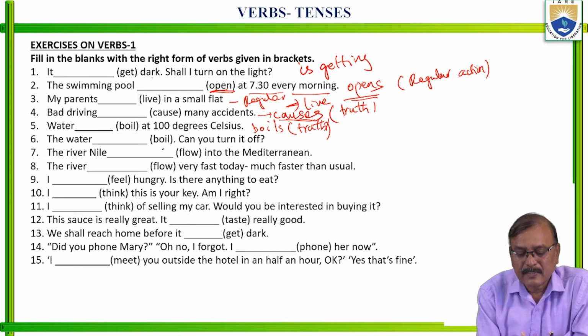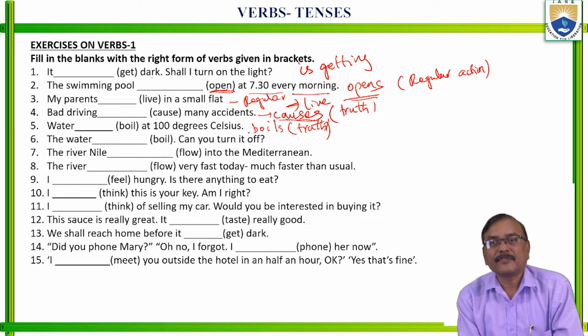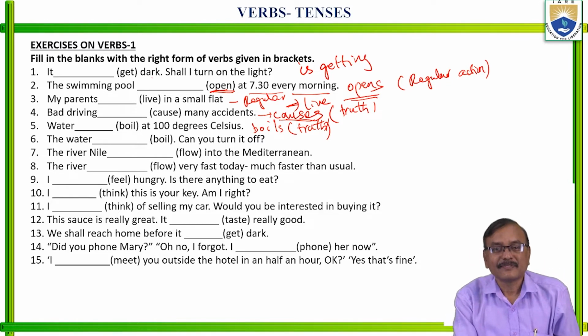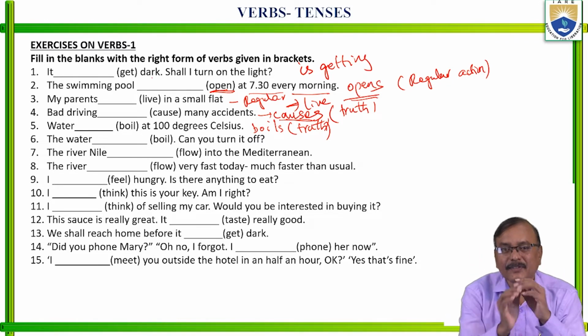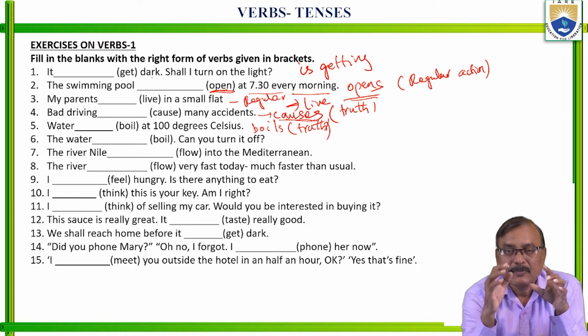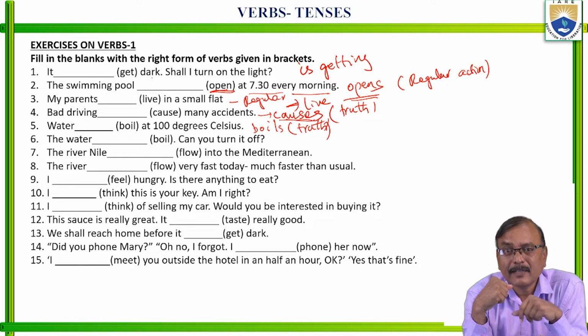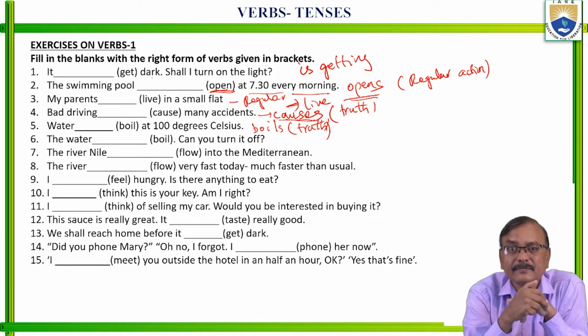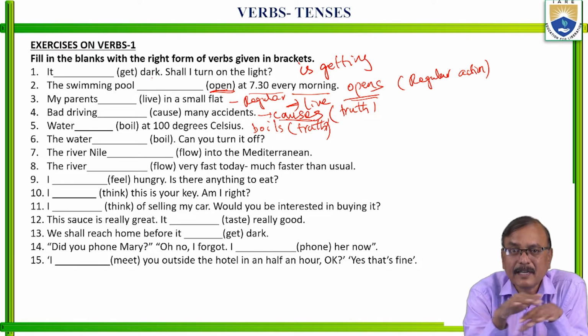Next. Sixth one. The water dash boil. Can you turn it off? So, when you see that, what is happening? Water is boiling, or already water boiled and stopped? Did the boiling action stop?